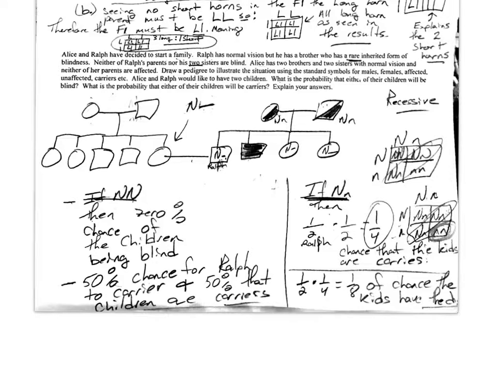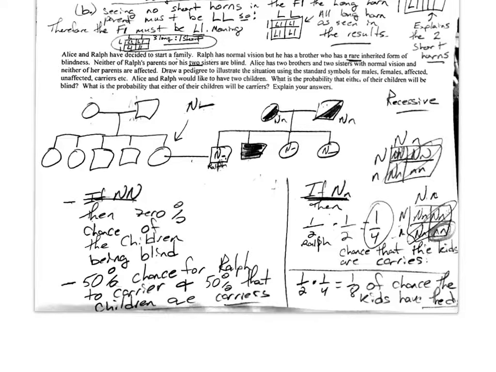So that means 50% of the children could be carriers, because he can give half of his kids big N and half little n. Now, if Alice is big N, little n, then you have another situation. Ralph, we know, has a 1/2 chance of giving little n. The chance of Alice giving a little n if she's a carrier is 1/2. So that's a total of 1/4 chance that the kids are carriers.